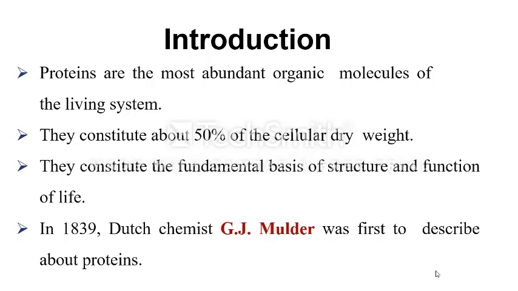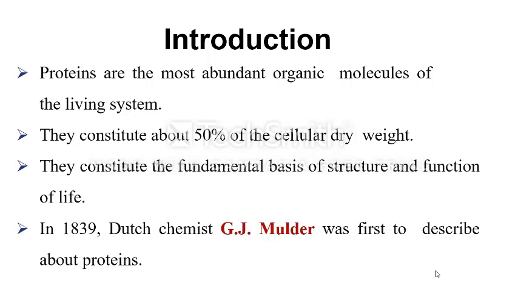They constitute about 50% of the cellular dry weight. So you can imagine the constituents of the human body, that 50% of the cellular dry weight is made up of these proteins. They constitute the fundamental basis of structure and function of life.